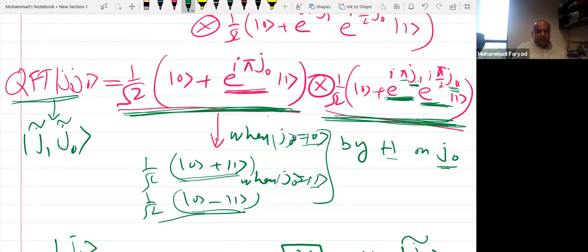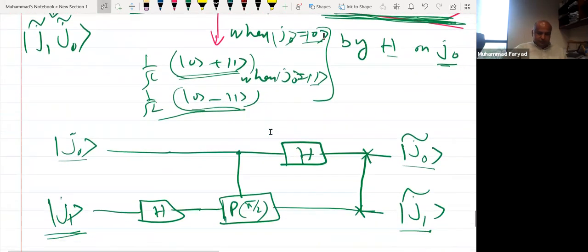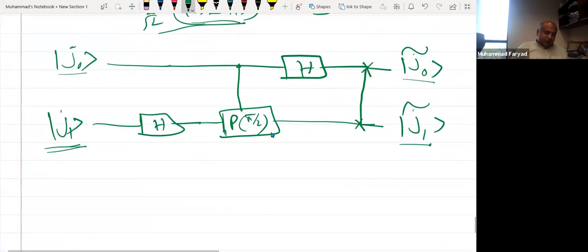In Qiskit, you can easily implement it with the command CP. So this controlled phase gate with a phase of pi by 2 controlled by J0 can give me this term. And with these two things, I can get my qubit in this state. So if you understand this, you essentially understand the quantum Fourier transform. Is everybody okay?